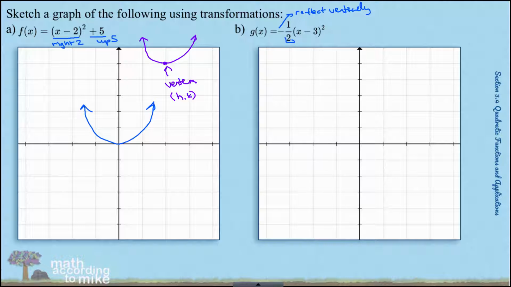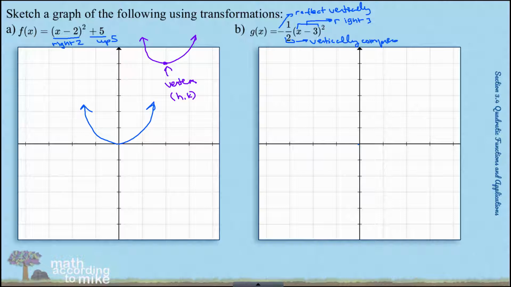The 1/2 will make it vertically compress. The compression occurs because the y values are growing at half the speed they normally would. And again, if you're subtracting from the variable, like we are here, that says move right. In this case, 3 units.